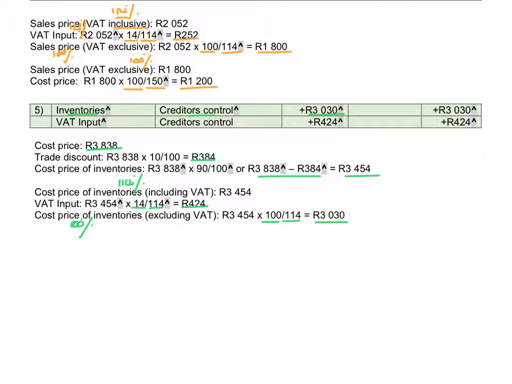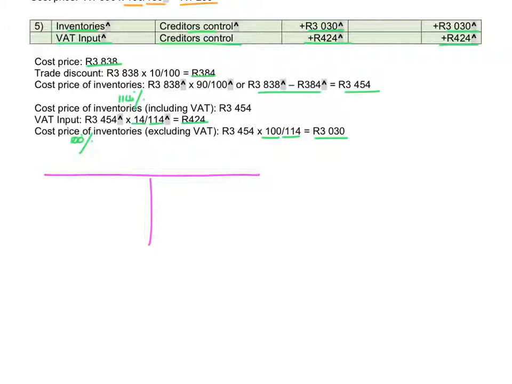Creditors control will increase on the credit side and increase liabilities. VAT input is an asset because we can claim the money back from SARS, so assets will increase. We also owe the VAT to the creditors, so creditors control is credited and the liabilities will increase.